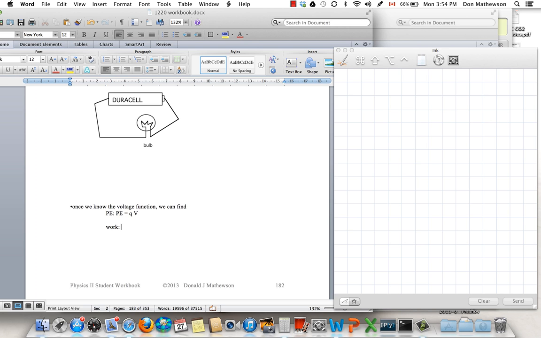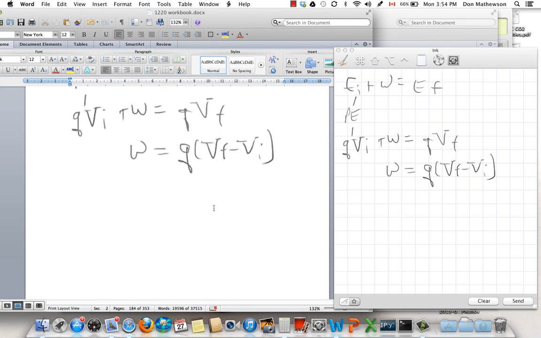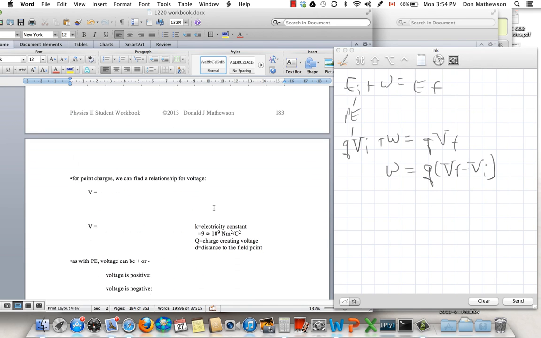And because work done is the energy change, energy at the beginning plus work equals energy at the end, if the energy is potential energy, and we've just said that's QV, assuming there's no kinetic energy involved, the work done in setting up a charge distribution is just the charge times the voltage difference. I make those voltage V's look like script V's just because we're about to have velocities in there as well, say for electron guns.